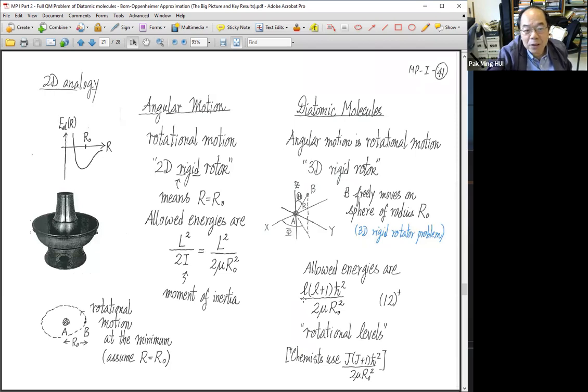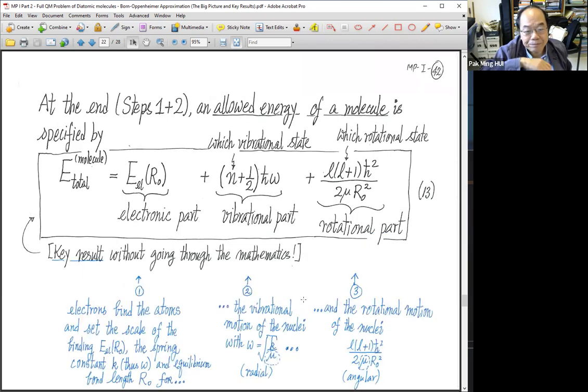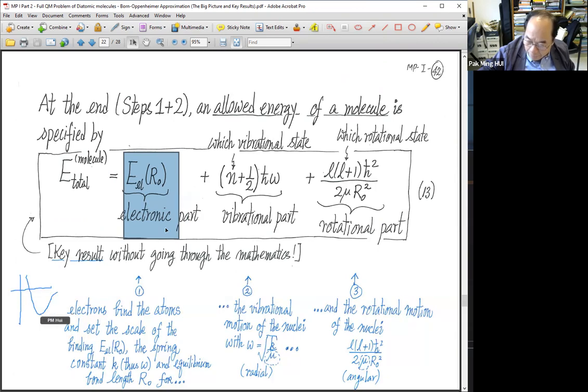Now let me give you the punchline and then we can take a break. This is the total energy of a molecule. It has 3 contributions. The first one is the minimum of the curve, this value.